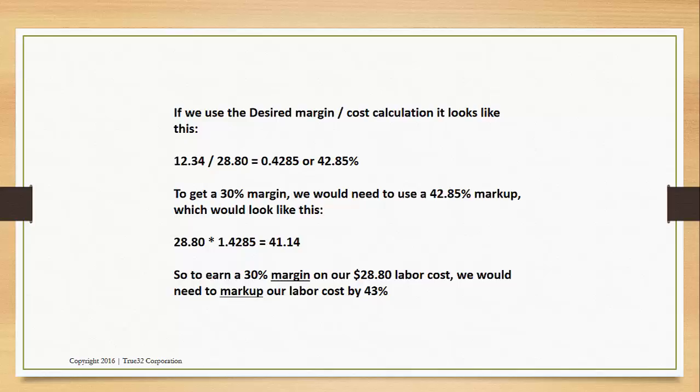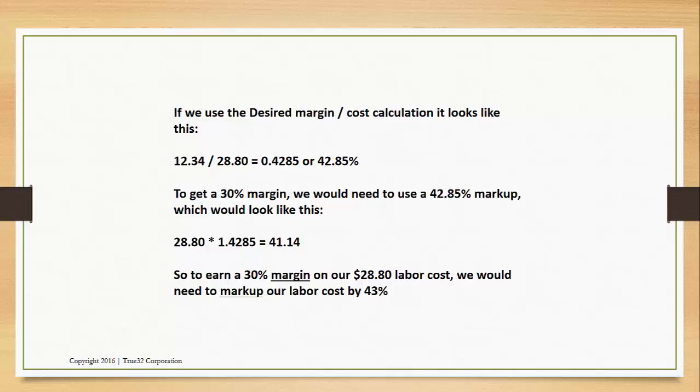To get a 30% margin, we would need to use a 42.85% markup, which would look like this: 28.80 multiplied by 1.4285 equals 41.14.